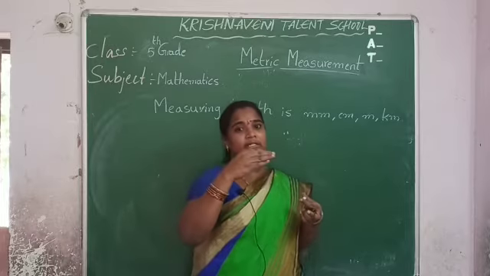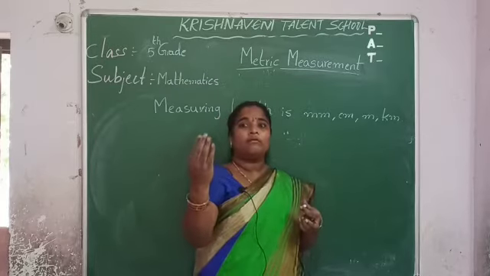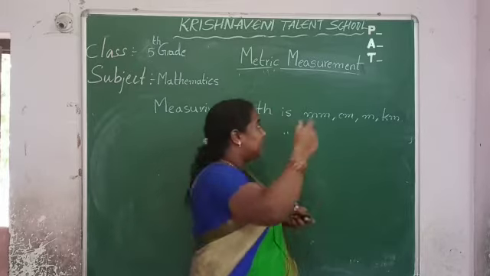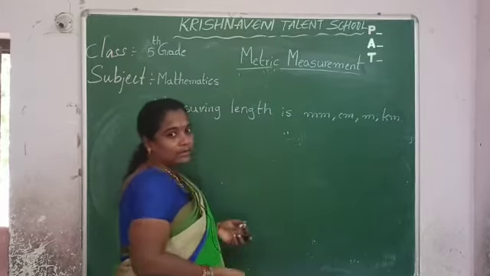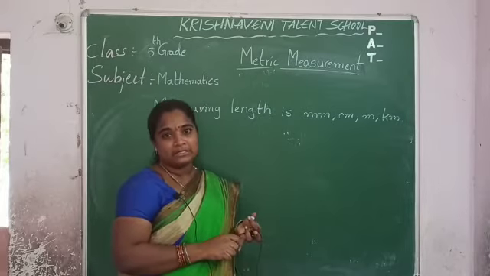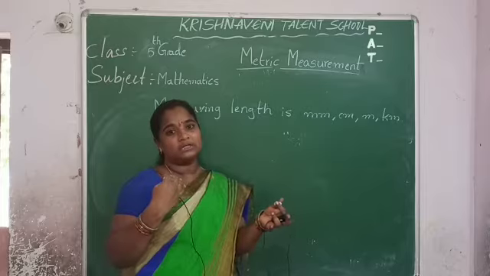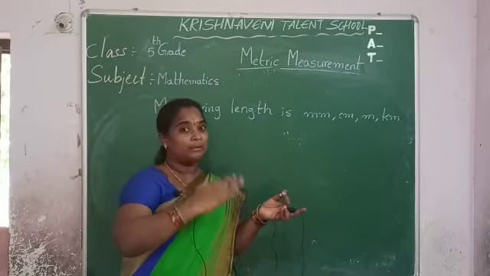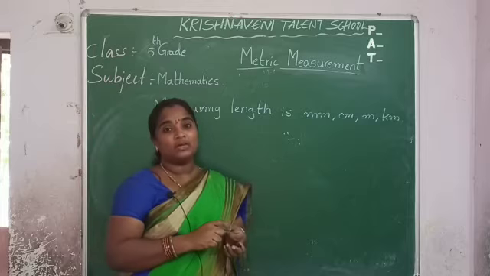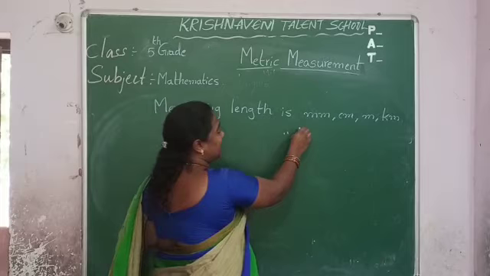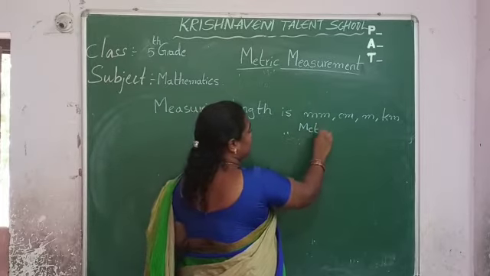Bigger than that, like the length of a room, a blackboard, a saree, there you can use meters. And very far objects, like the distance from village to village, town, one place to another, there you can use kilometers. These 4 are the metric measurements.